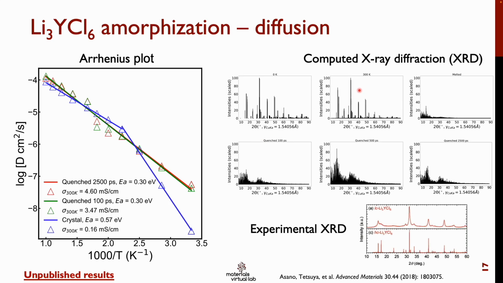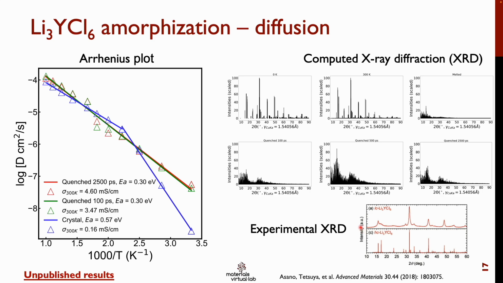If we look at the XRD of the computed structures, you can see that the 3 quenched samples with different quenching rates again have amorphous, liquid-like disordering in their XRD plots. Definitely you cannot see any crystallinity in those amorphous structures.